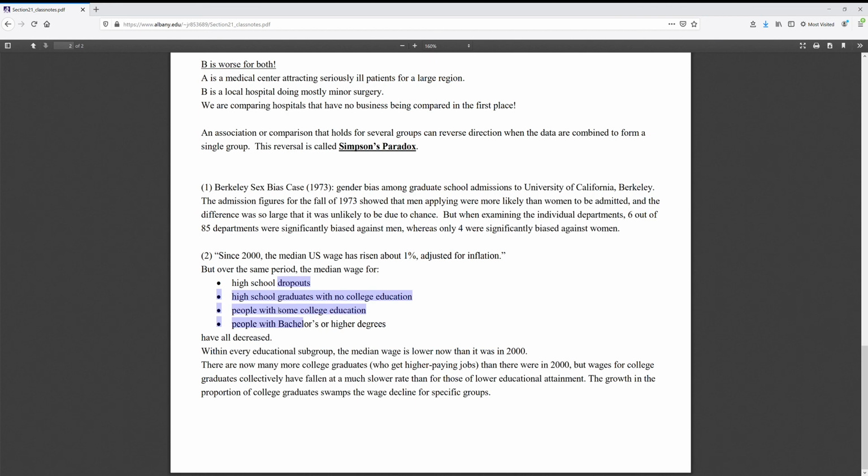And the reason for this, of course, is the numbers, as we've seen in the other examples. There are more college graduates who get higher paying jobs than there were in 2000, but wages for college graduates have fallen at a slower rate than those of the other categories. And so we see different comparative rates, one swamping the other.